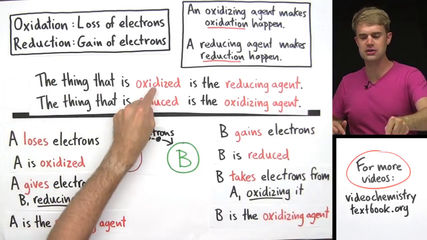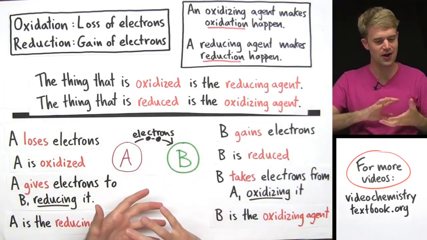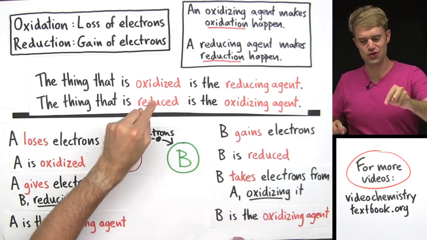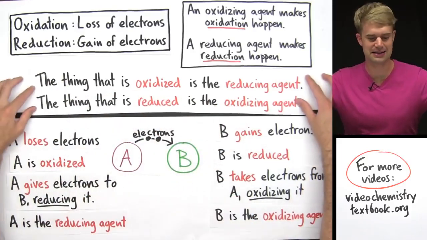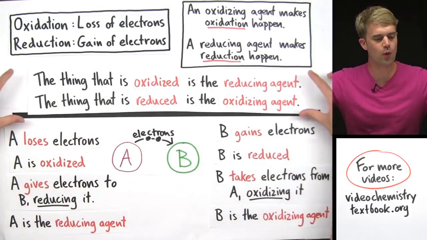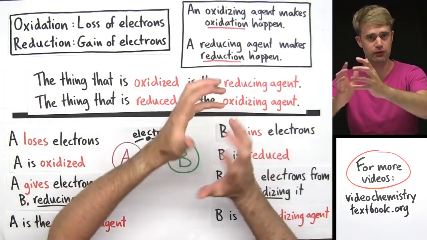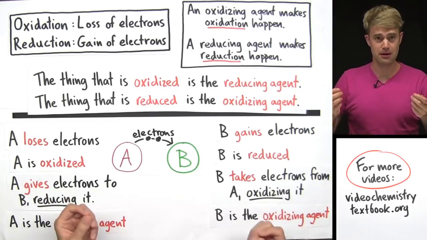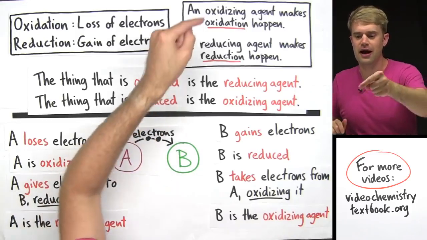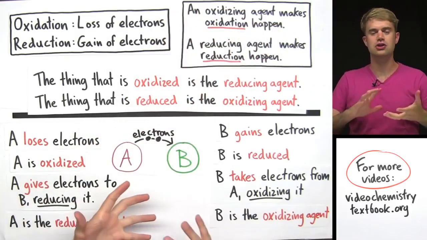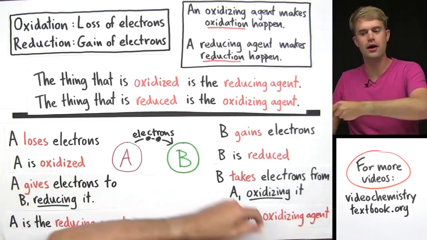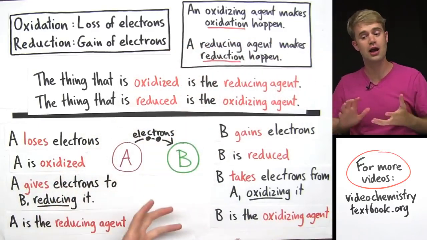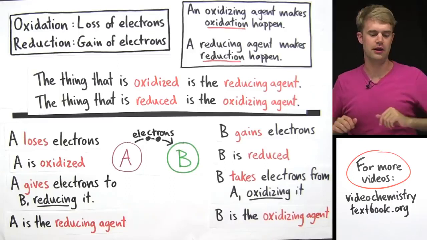Okay, the thing that's oxidized is the reducing agent. The thing that is reduced is the oxidizing agent. Okay, so this is one way to remember that we get this kind of flip-flop. But I think a better way to keep it in mind is remembering that the oxidizing agent makes oxidation happen by taking electrons away. Reducing agent makes reduction happen by giving electrons.